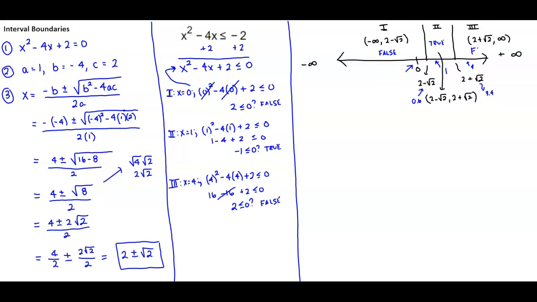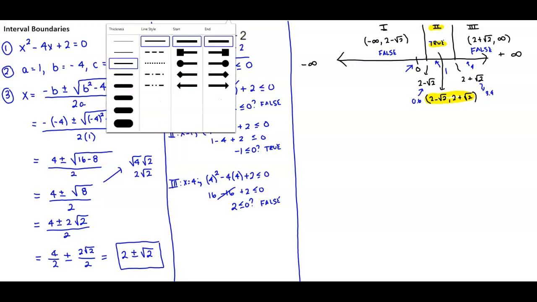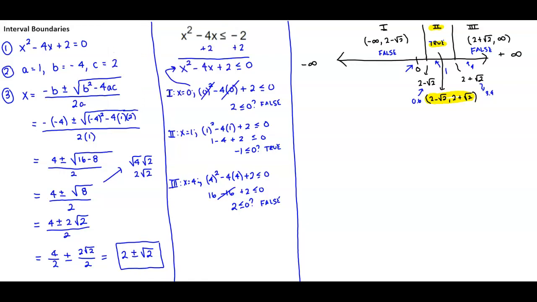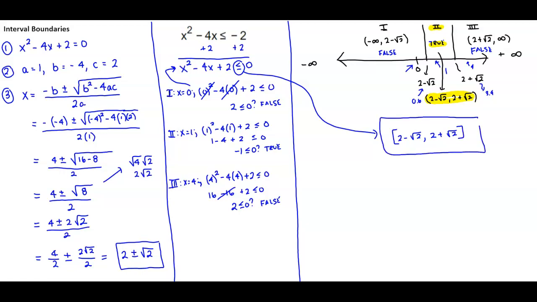So it's false for region number 3. So we can determine here now that it's true for interval 2, which is the following. Okay. Now, keep in mind that this says less than or equal to. So instead of using the parentheses, it's going to be bracket 2 minus the square root of 2, comma 2 plus the square root of 2, bracket. And there is our solution.